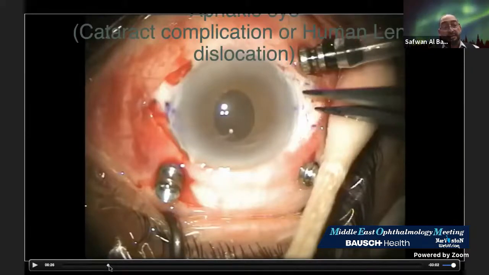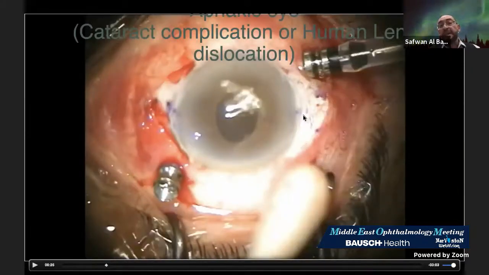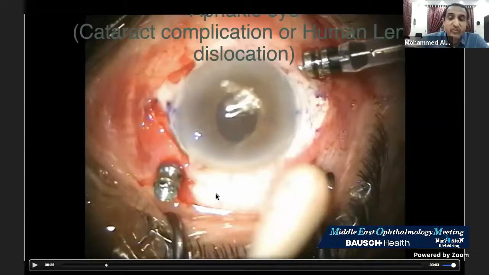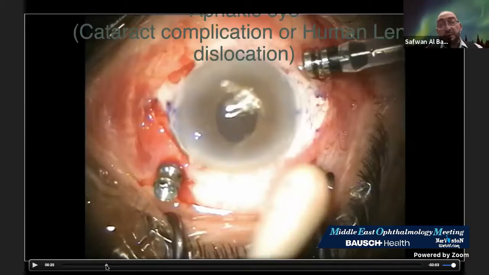If I return back a little bit, this is the limbal 3 o'clock, and this is 9 o'clock. And this point is 2 millimeters from the limbus, 3 millimeters apart between them. I hope that everyone is seeing my arrows. Dr. Mohammed, are you seeing my arrows? Yes, Dr. Safwan, it's very clear. Okay, so I will continue step by step.